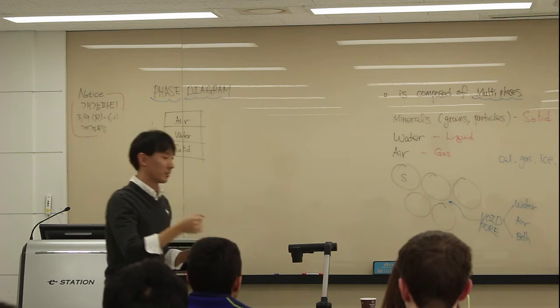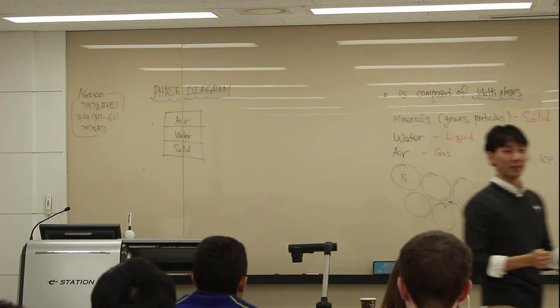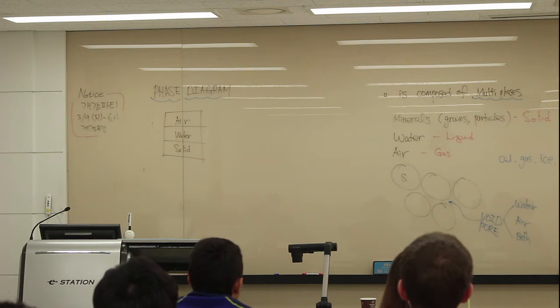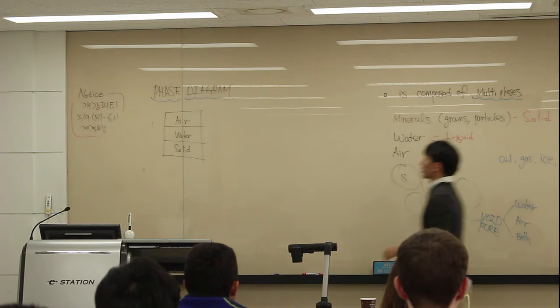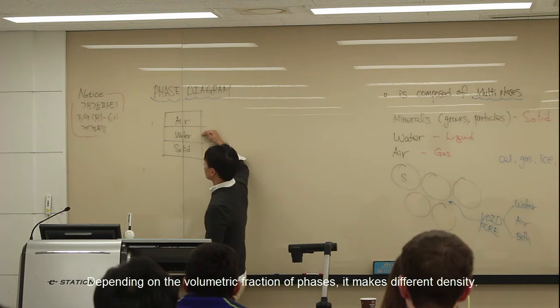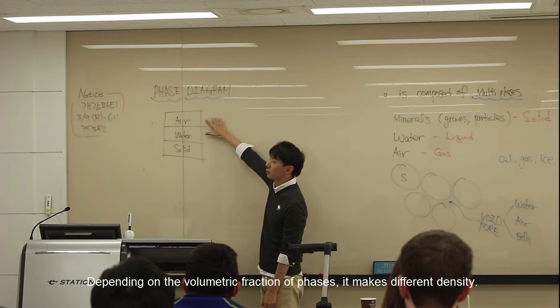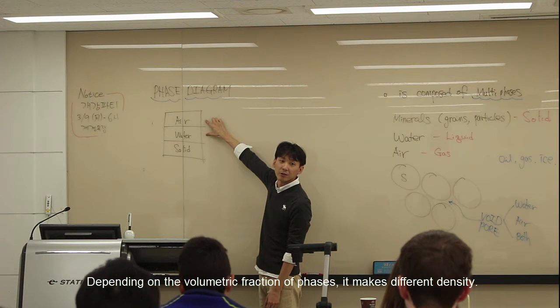Why? Because there's water particles in the void, so it has higher mass within the same volume. Simply because air is lighter than water. Right? So that means that depending on the volumetric fraction between these two phases, it makes a different density.